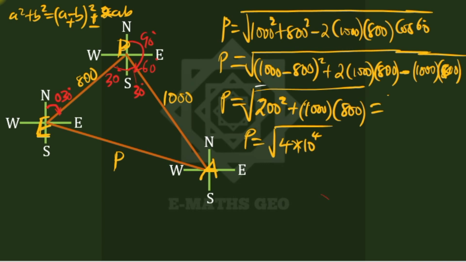Plus, this is 80 times 10,000, which is 80 times 10 raised to power 4. 8 is 4 times 2, so this is 4 times 20.